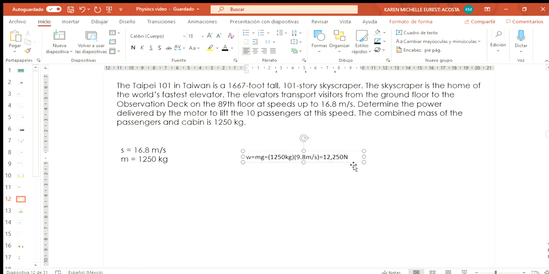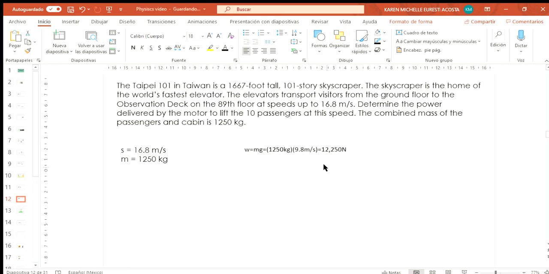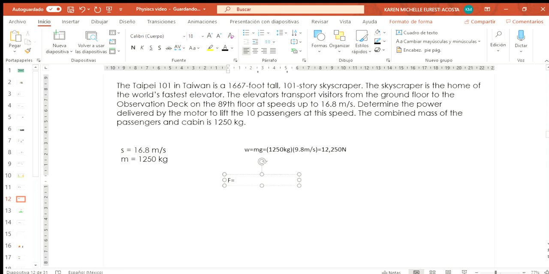So that will be the force that we're going to take. So force is 12,250 newtons.